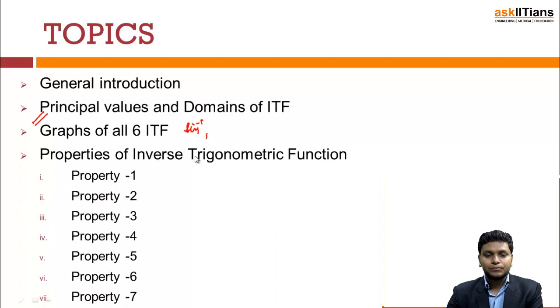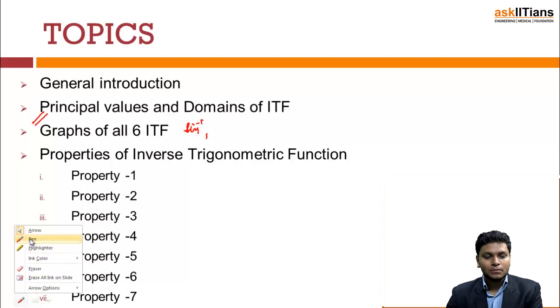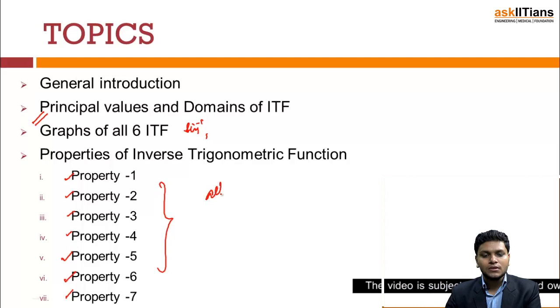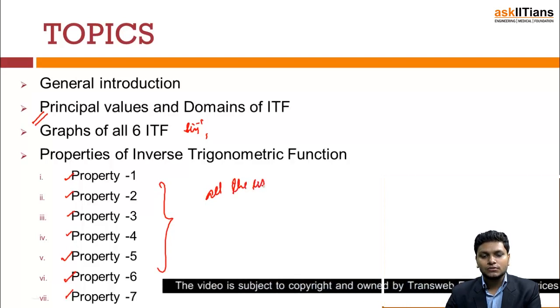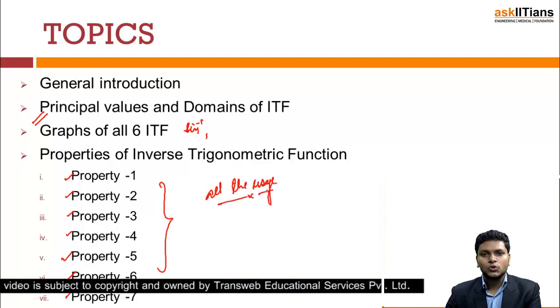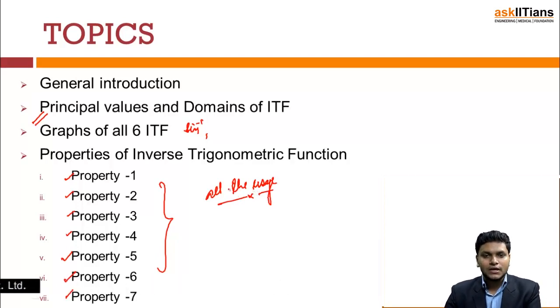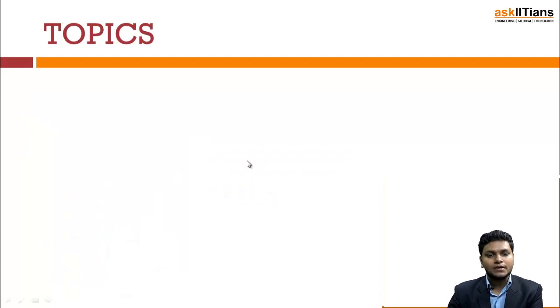After that, I'll have properties of inverse trigonometric functions, in which I'll start off with property number 1, property number 2, then property number 3, property number 4, including all the possible variations, property number 5, property number 6, property number 7, which will be the culminating property. Hence we'll try to see all the possible usage of these properties in questions, and how these properties will help us in understanding the whole chapter cumulatively.